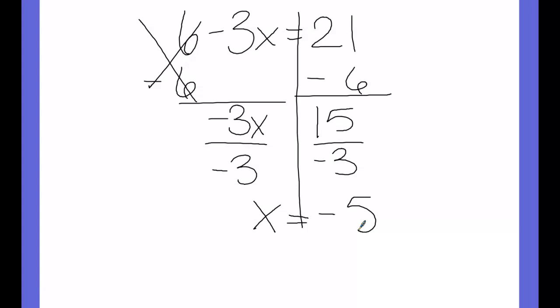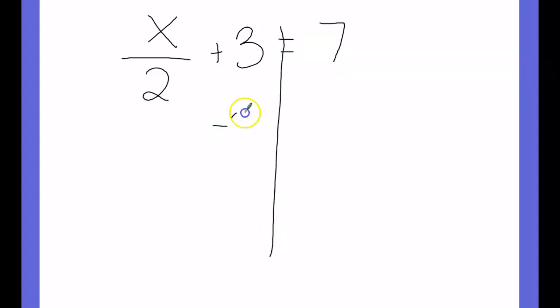Okay, what if you had a problem that looked like this, what would I do first? Autumn? I'm going to subtract 3, make my 0 pairs.